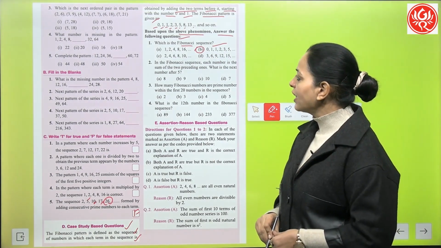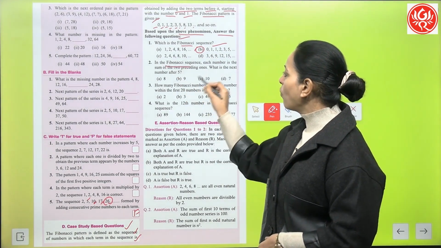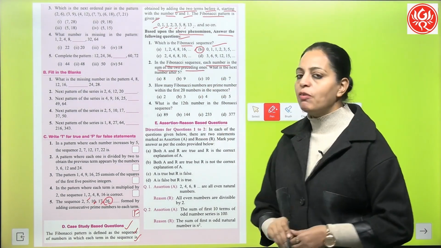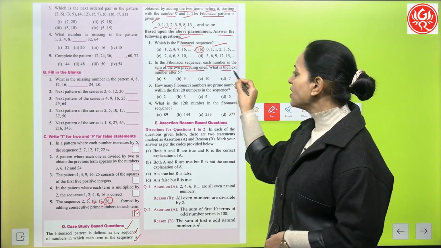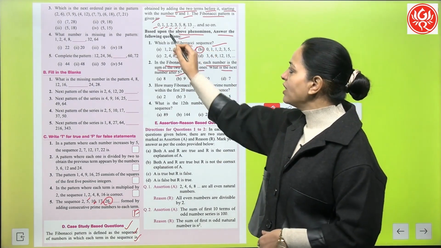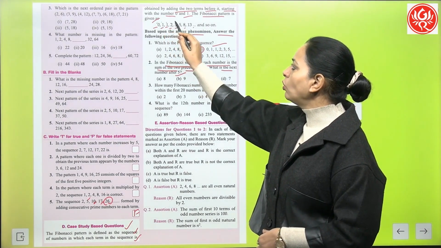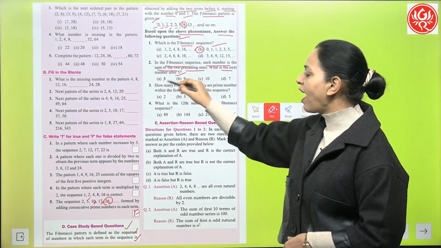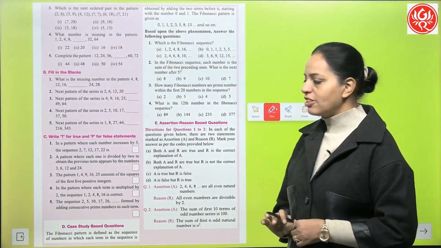Okay. Now the second one, in the Fibonacci sequence, each number is the sum of the two preceding ones. Yes. What is the next number after 5? So see the sequence, 0, 1, 1, 2, 3, 5, 3 plus 5, that is 8. Answer is 8. Okay.